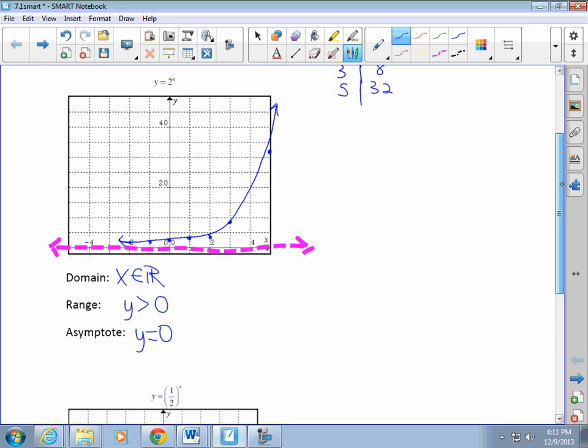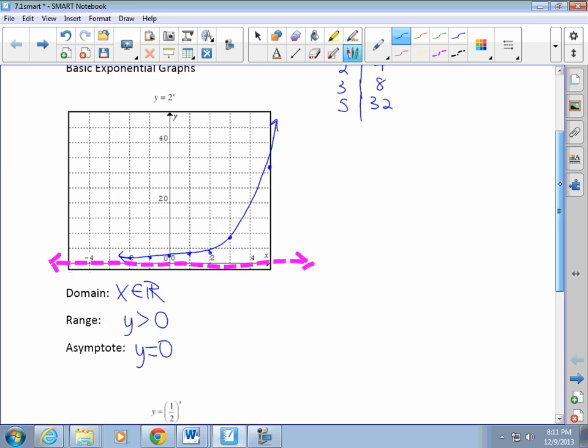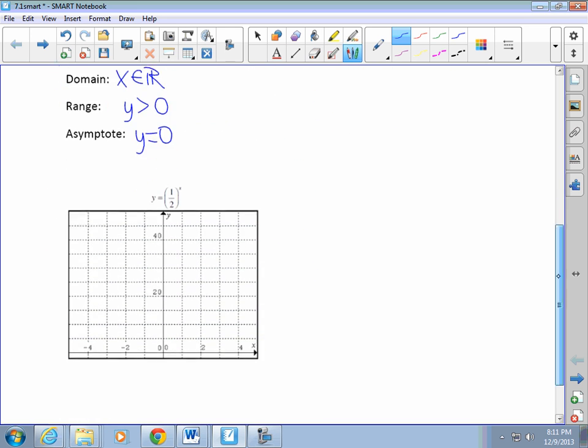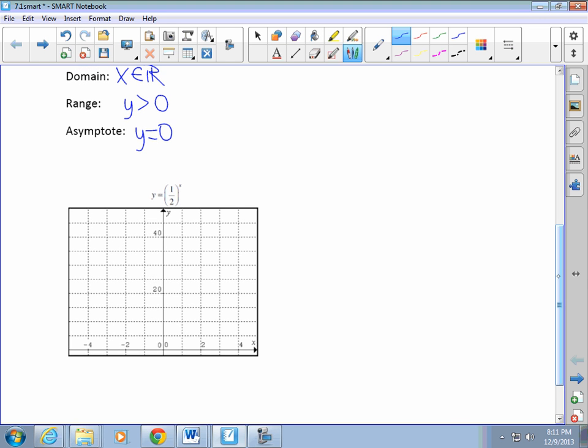So that works when you have a whole number base. What if you have a fraction base, or a rational number as a base? Well, y is equal to (1/2)^x is the same as saying y is equal to 2 to the power of negative x.